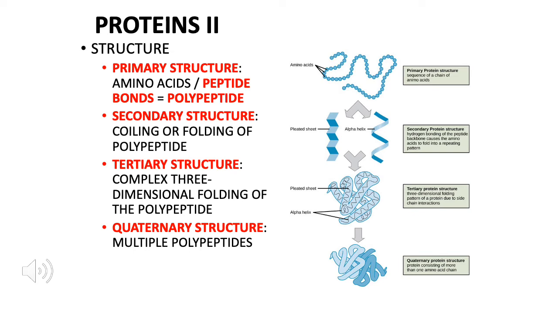Now, at this point, we've covered primary structure, secondary structure, and tertiary structure. And those three levels of structure apply to individual polypeptides. But we're not quite at a protein. Not until we start talking about our fourth level of structure, which is the quaternary structure.